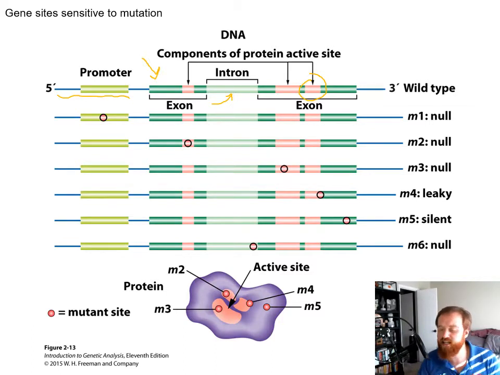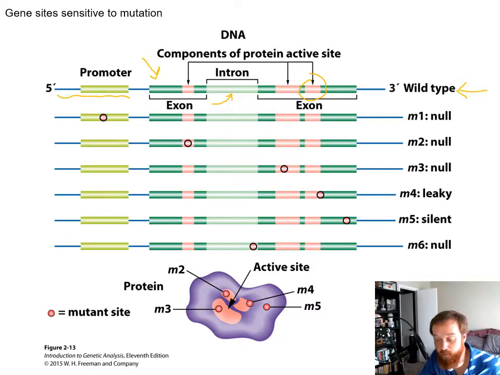So if this protein has some sort of catalytic ability or responsibility where it binds with a catalyst of some sort or another protein, the spots in pink are the actual parts of the protein that interact with something. And so in this wild type gene allele that we have here at the top, we see there's no mutations.